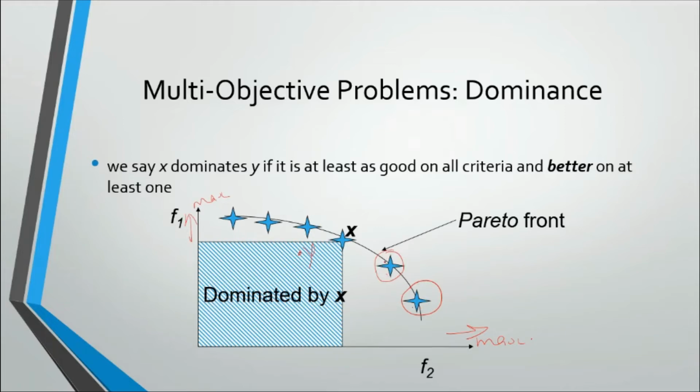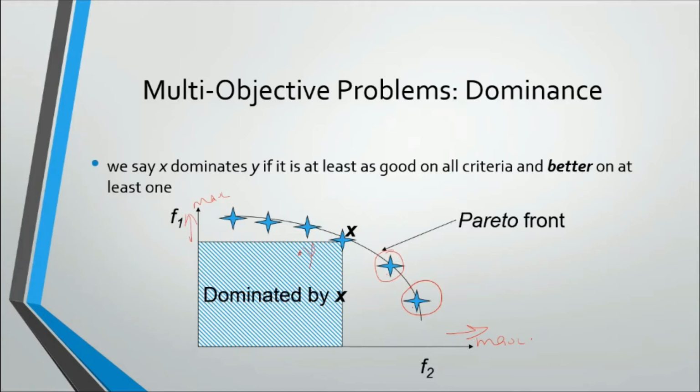This solution is better than that one in f1, and weaker in f2. If you consider any two solutions on this particular curve, one solution will be better in one function and the other will be better in the other function.